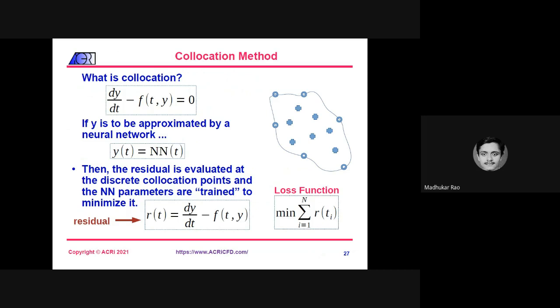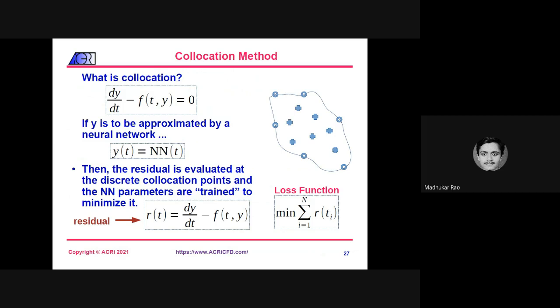Okay, so what is this method that Lagaris used? He used the collocation method, which basically consists of scattering a large number of points in your domain, including some on your boundary, and you have a differential equation dy/dt or whatever as a function of t and y, and I've written it in the residual form.